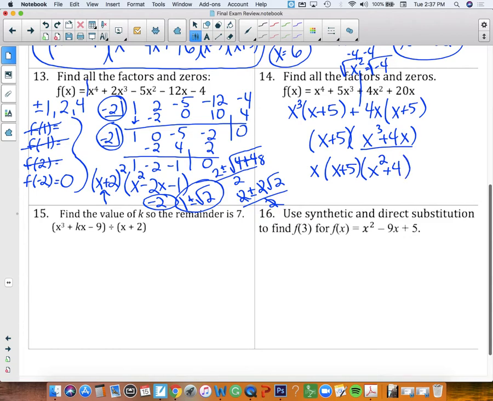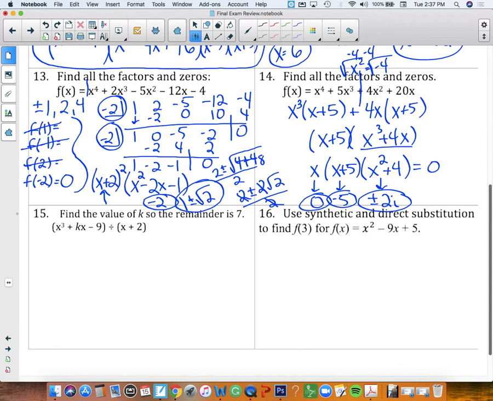So that is completely factored right there. Now we just need to solve. So we set it equal to 0 to solve, and then this gives us a 0, this gives us a negative 5, and this is just like the one up above. We get a plus or minus 2i. So there's 2, 3, 4 solutions.